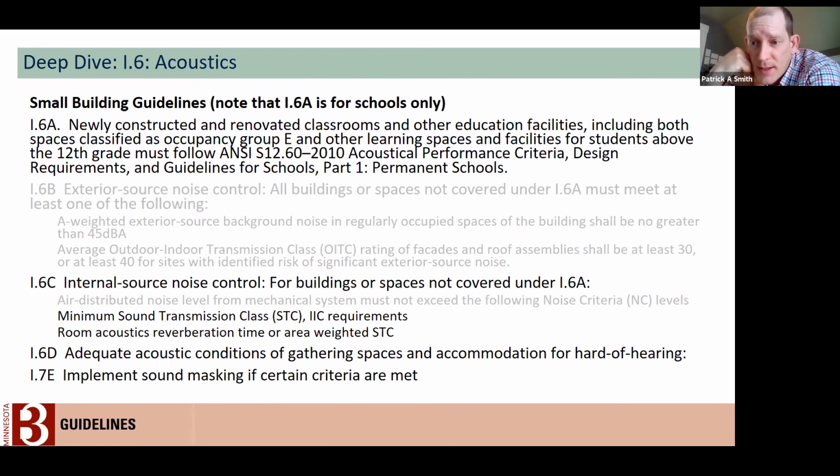So we picked it up here. That's around having the ability to have audio induction loop access. And then I7E is only if you've not met other criteria, so implementing sound masking if you've not adequately done your other noise control sections.